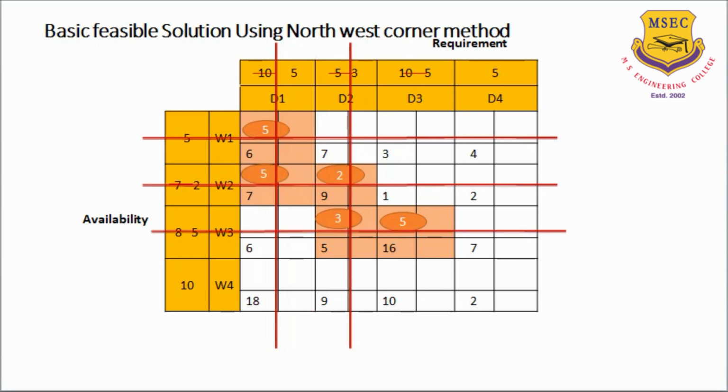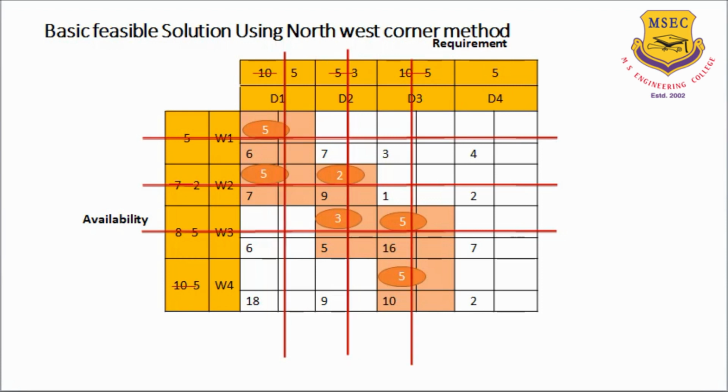The next northwest corner cell is W4 D3, where we have 10 units of availability and a requirement of 5 units. Therefore, we transport 5 units from W4 to D3. Now the total requirement at D3 is satisfied and the availability at W4 remains 5.